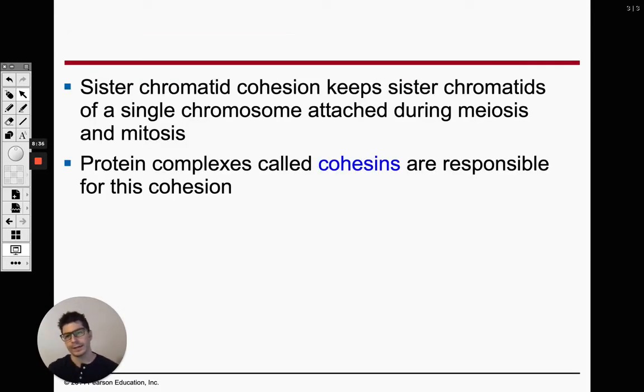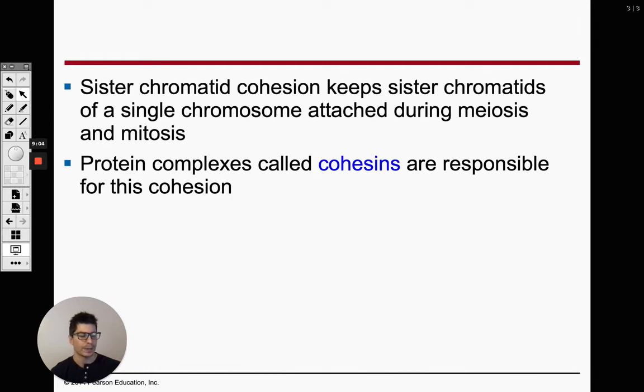Okay, the one thing I wanted to mention, guys, is whenever our chromosomes are held together during metaphase, there is this protein called cohesin, and it sounds like cohesion, sounds like things sticking together. So there's a protein called cohesin that sticks these chromatids together, all right? What we're going to do is bring in another protein.